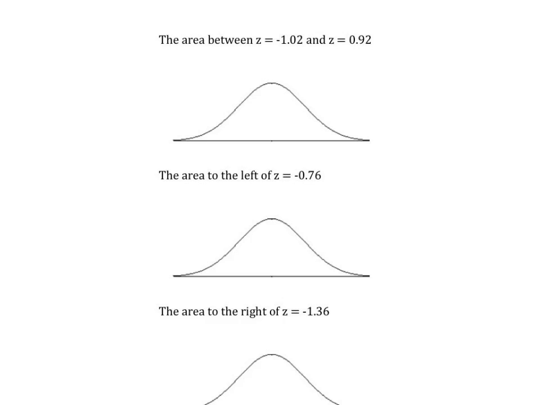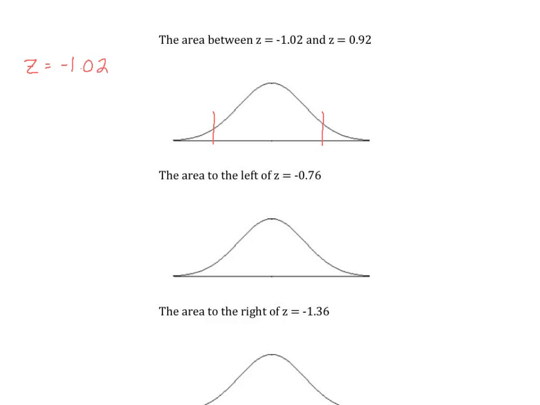Let's find the area between the z-score of negative 1.02 and 0.92. Our goal is to find the area in between these two z-scores. So let's start with z equals negative 1.02.